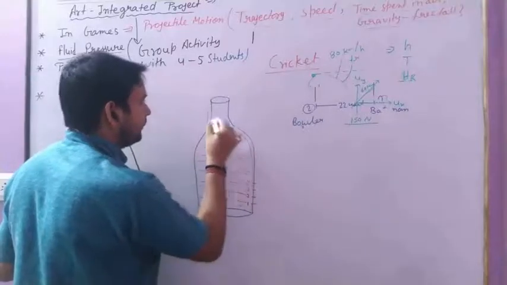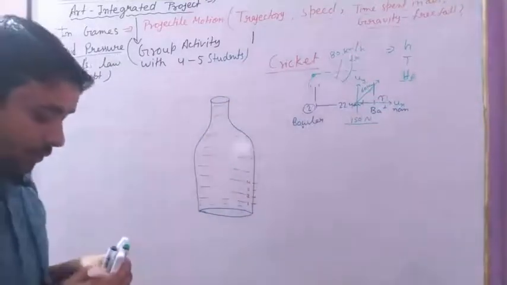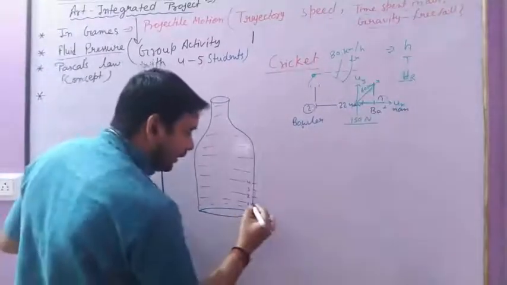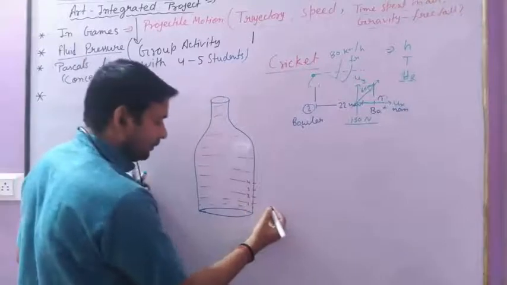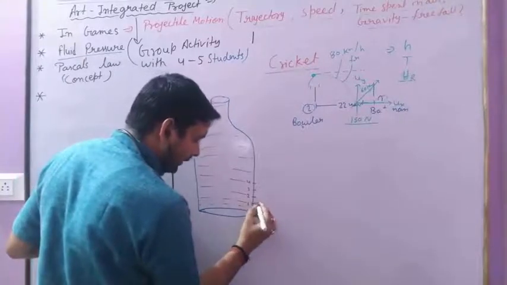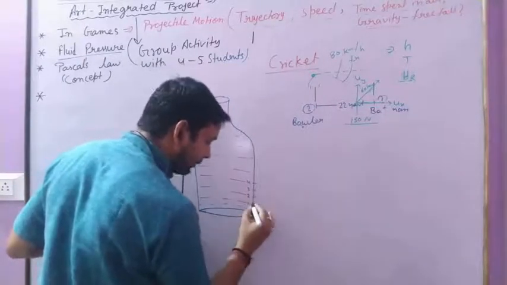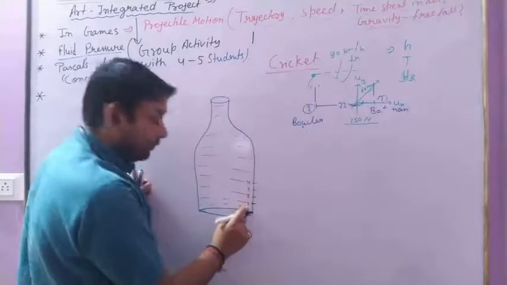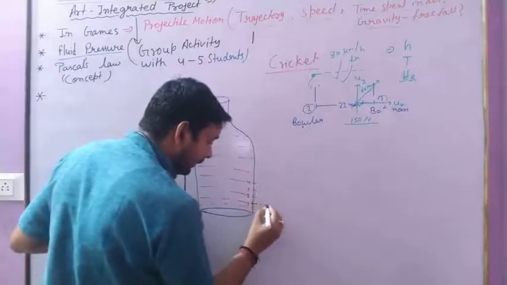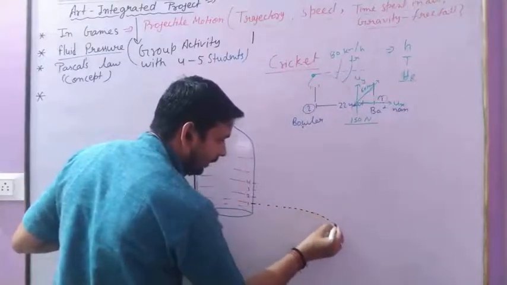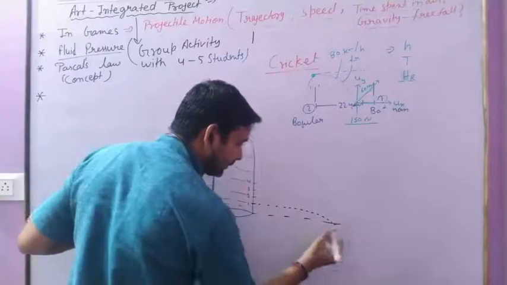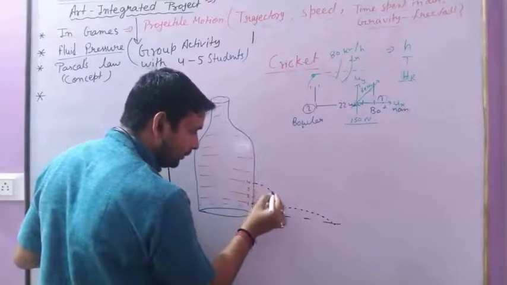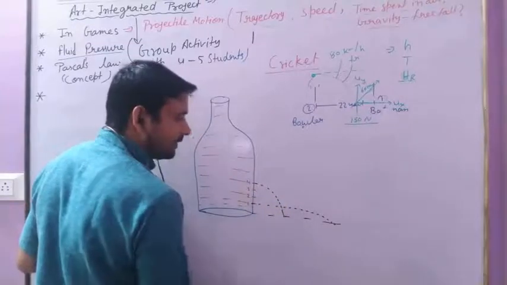Okay, therefore you can observe here the water out from the bottle from the first hole attempts the maximum distance, while the water out from the fourth hole attempts the least distance.